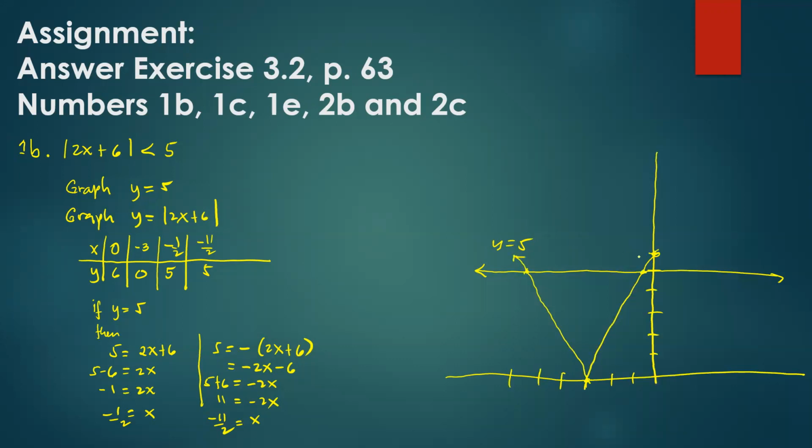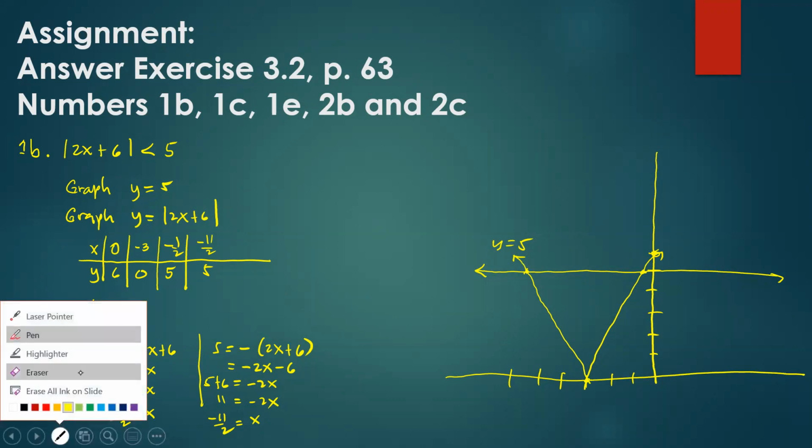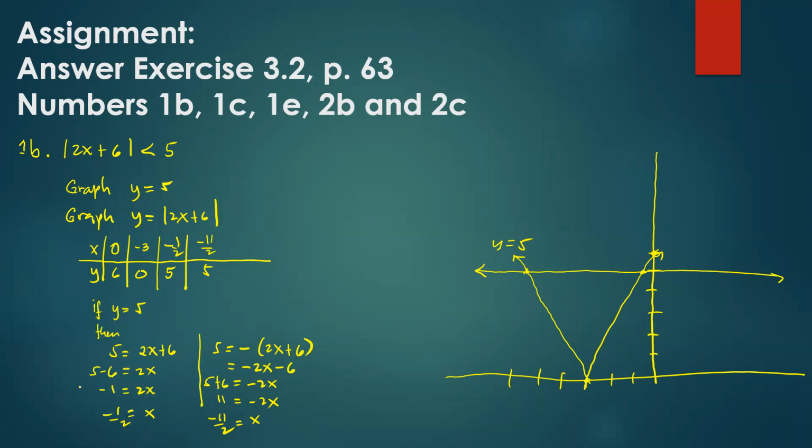And what we are aiming for is that the modulus should be less than 5. So what part of the graph is it less than 5? Right? So this is y is equal to 5. So the part of the graph that it is less than 5 is this part.